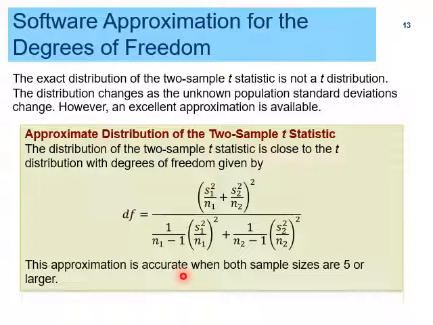This approximation is accurate when both sample sizes are 5 or larger, so it has a condition that the sample sizes should be 5 or larger. Most of the time we use statistical software, so we can use this formula for learning purposes, but generally we use statistical software.